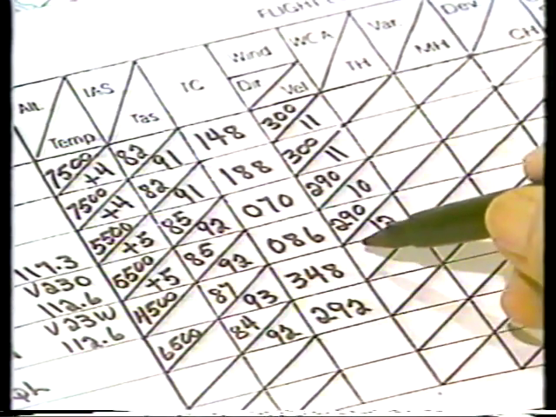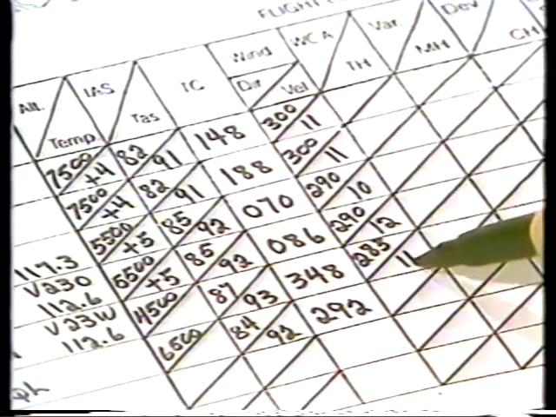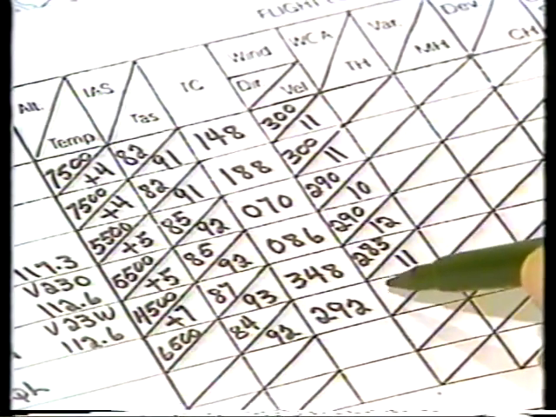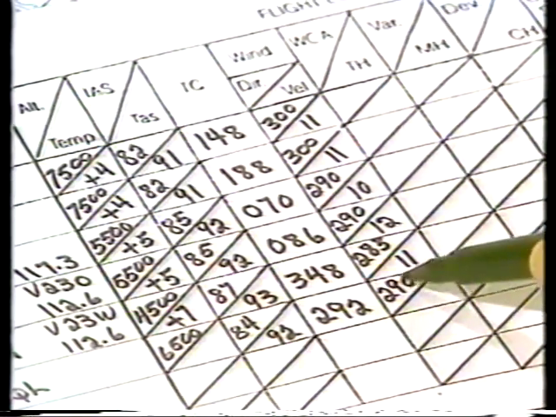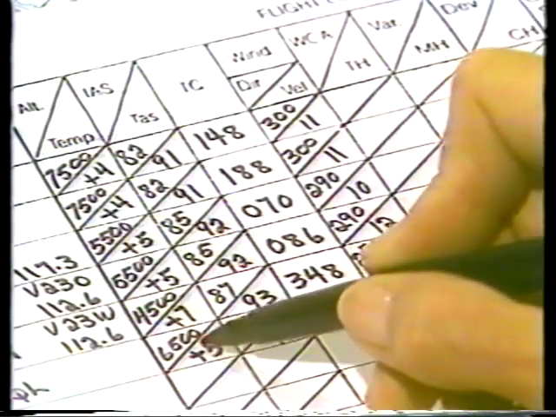Leg 5 is wind from 285 degrees at 11 knots and temperature plus 7 degrees. The final leg is wind from 290 degrees at 12 knots with temperature plus 5 degrees.